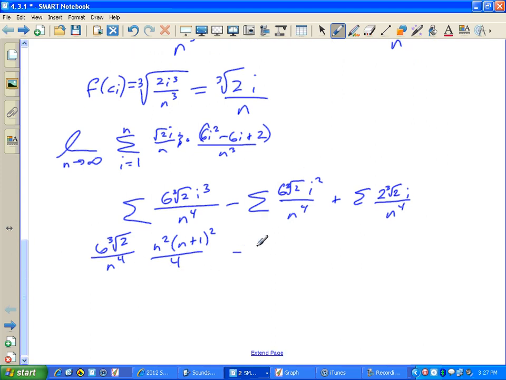Here, all this stuff comes out, so 6 cube root of 2 over n to the fourth, and the sum of i squared turns into n plus 1, 2n plus 1 over 6. And all this comes out, so we've got plus 2 cube root of 2 over n to the 4, and the sum of i turns into n plus 1 over 2.